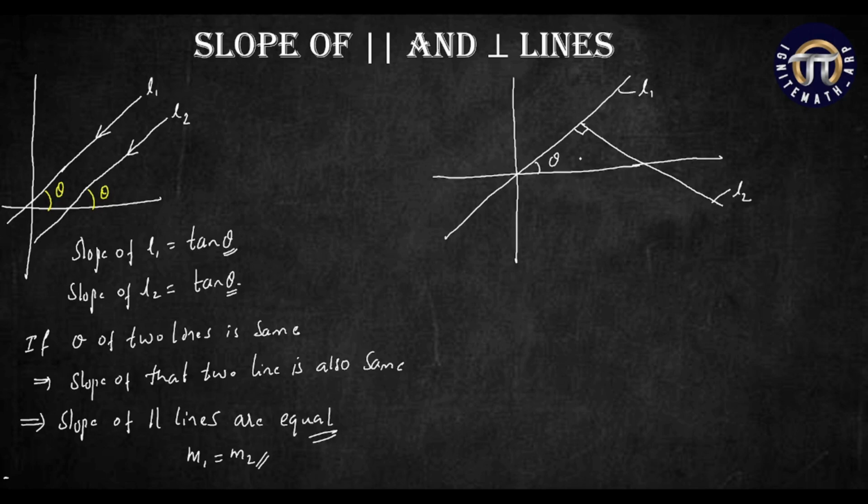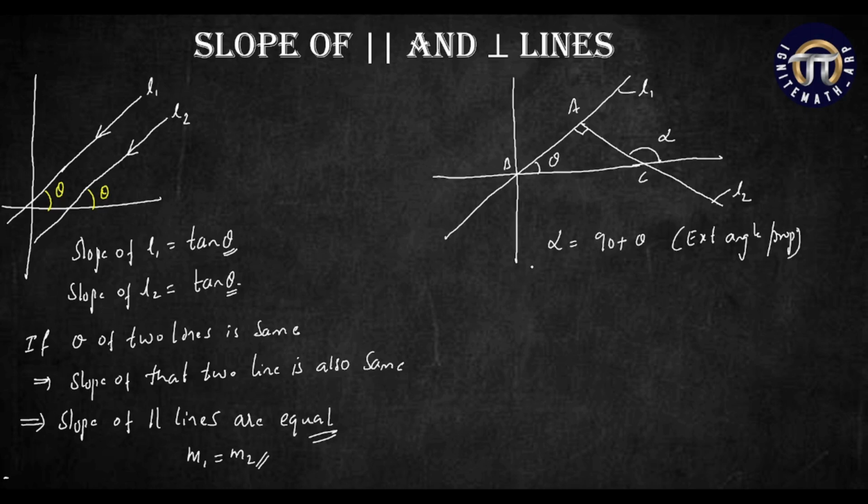What is the inclination of L1? It is theta. What is the inclination of L2? I call this alpha over here. Now, can I say alpha is equal to 90 plus theta? This is because of the exterior angle property.